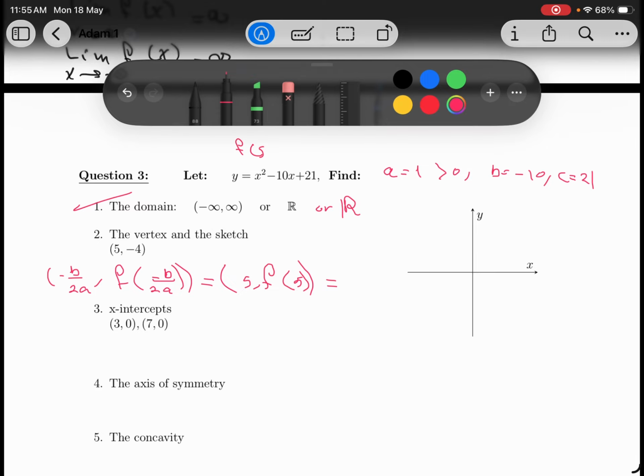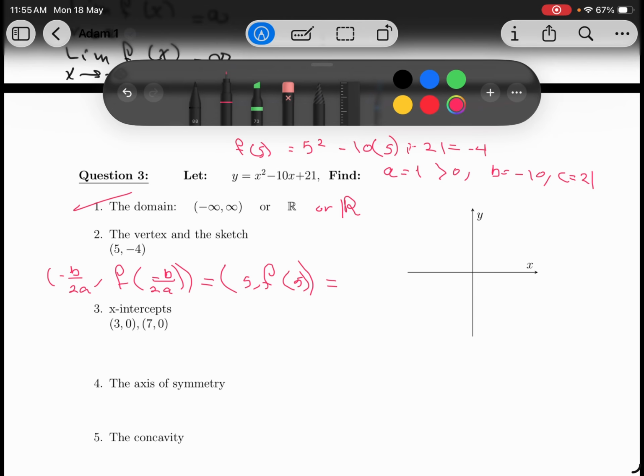F of 5 equals, of course, 5 squared. 5 squared with or without brackets, it's fine because it's positive already. Then minus 10 times 5, plus 21, and we have the result. The result here is given already as minus 4, equals minus 4.